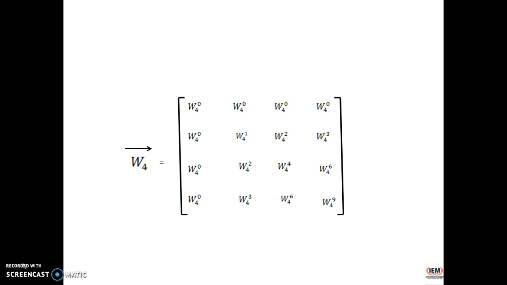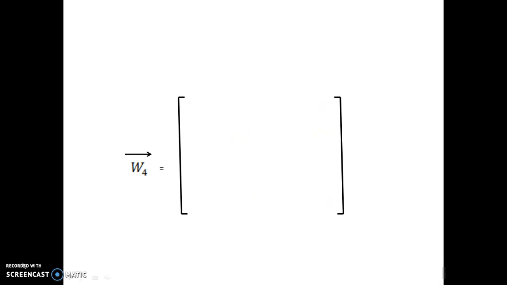We get this from the previous matrix also. Now we put in the value of W, that is the twiddle factor, and we get this matrix.